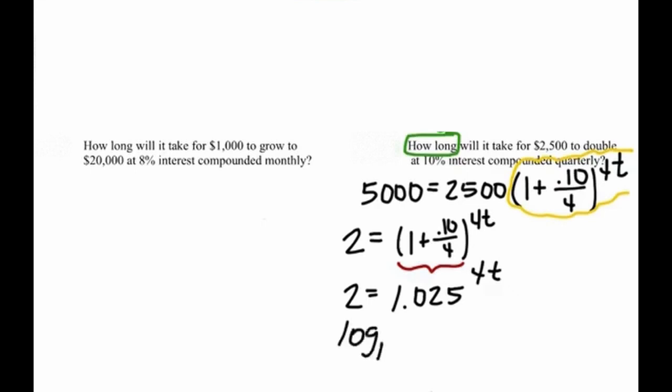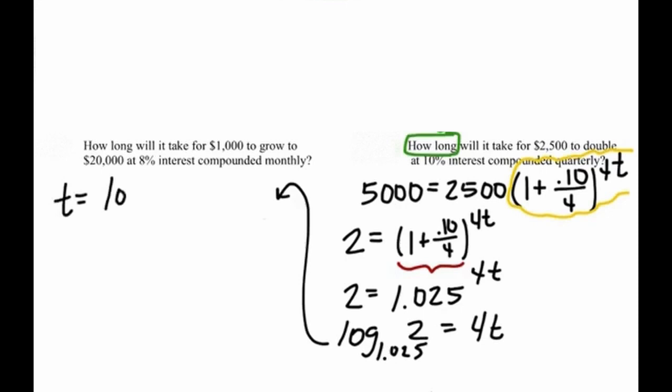So all I'm going to do is rewrite this in log form. Log base 1.025 of 2 is equal to 4t. I'll come over here and then divide by 4. So t, time, the number of years, will be log base 1.025 of 2, all divided by 4. Once again, let's talk about how we are going to enter this logarithm into our calculator.